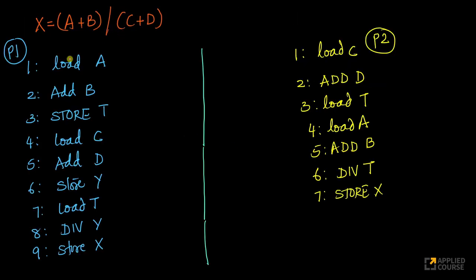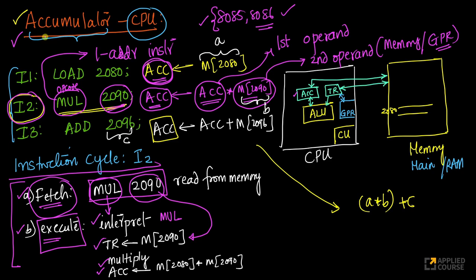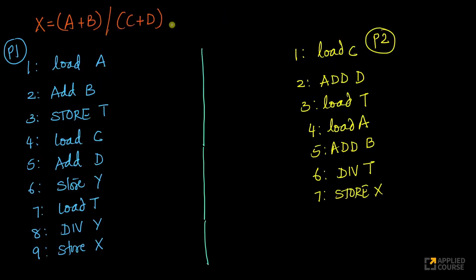So let's look at, oh, this is a very nice example actually. Imagine I have an accumulator CPU, right? Let's just assume that A, B, C, D are some memory locations, just for simplicity. Instead of writing memory locations, we just wrote some numbers here. Let's assume A, B, C, D are 4 memory locations, and I want to perform this mathematical operation: add A and B, add C and D, and divide the first addition by the second.